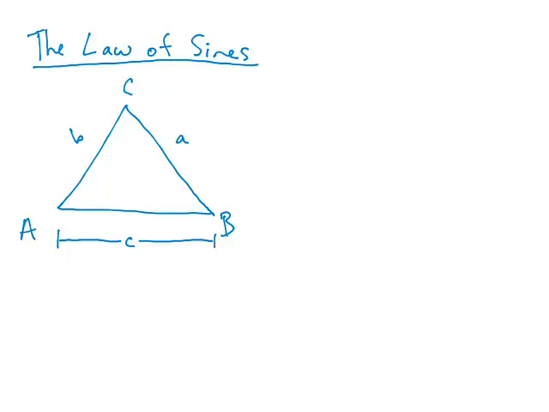So if we have a triangle, and again this is an oblique triangle because there's no right angles, and I labeled the triangle, the angles and the sides.